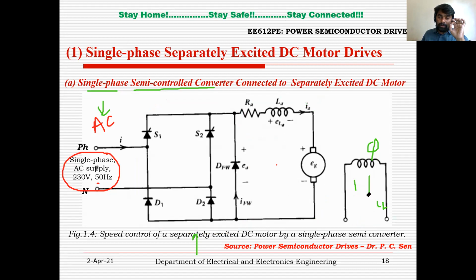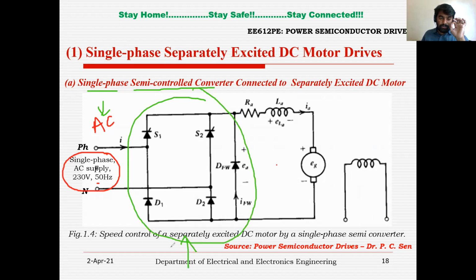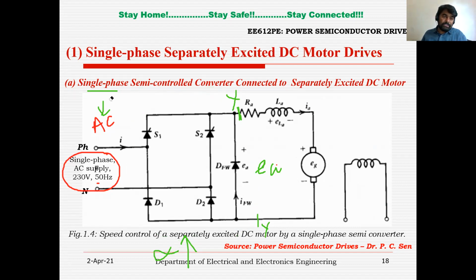So depending upon the firing angle alpha given to the converter, EA will vary. EA is applied across the armature terminals of the DC motor, let us say X and Y, right? So EA will change. If EA changes, then the back EMF will change. If back EMF changes, the speed can be changed, right? So now we are going to see that relation.